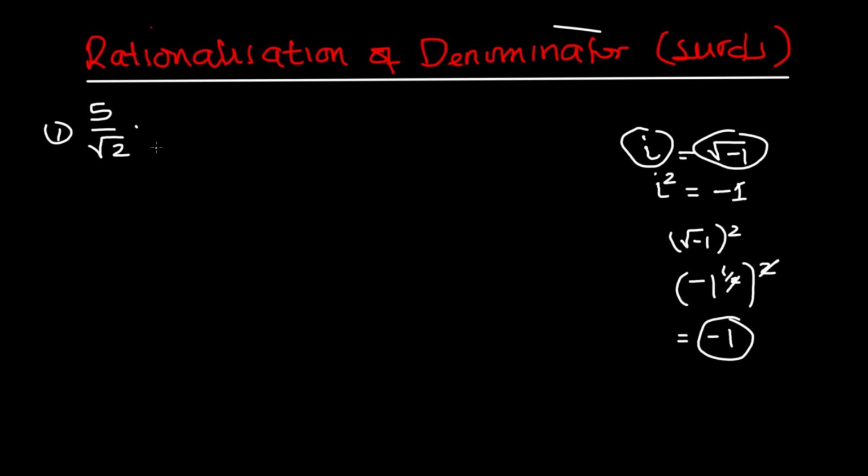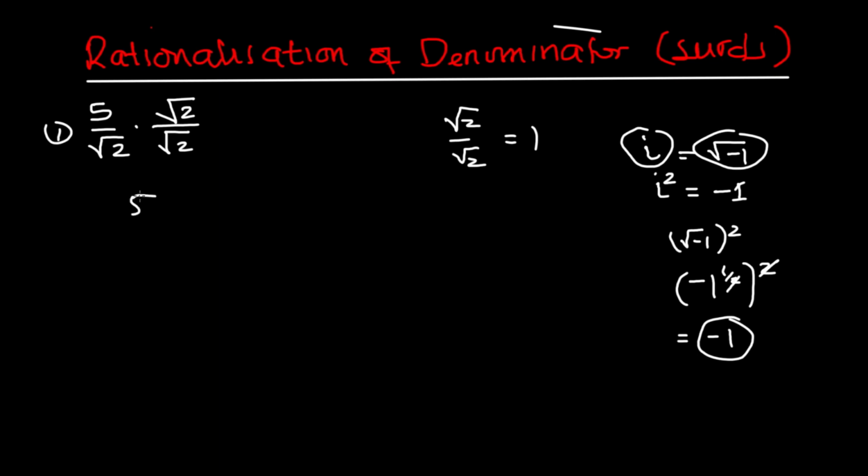We can multiply by square root of 2. But remember, if we do this, then we've changed the integrity of this expression. So in order to maintain the integrity, we need to do it like that, so that this over that gives us 1, and then 1 maintains the integrity of this whole expression.